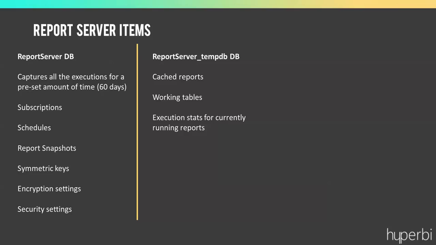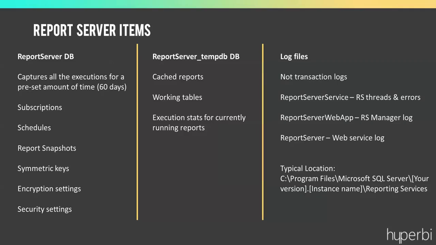What you're looking at with the report server tempdb database is that it's used for when you cache reports, when you've got working tables, so when you've snapshotted your data, and it holds the execution stats for reports which are currently running. So whereas the report server database records the execution time and that sort of stuff for reports which have run, this records the ones that are running at the moment.